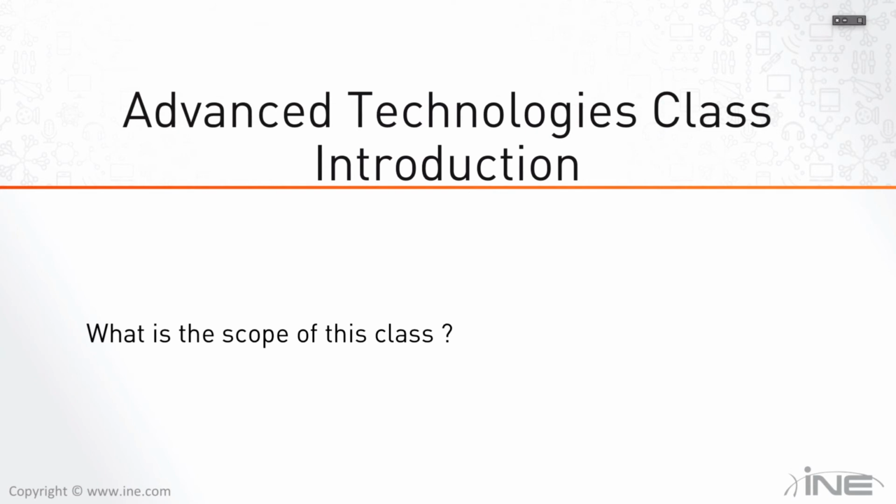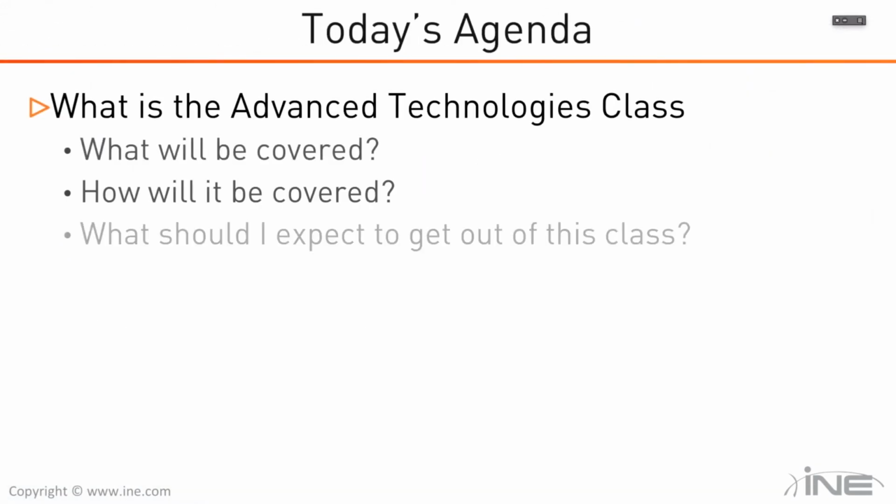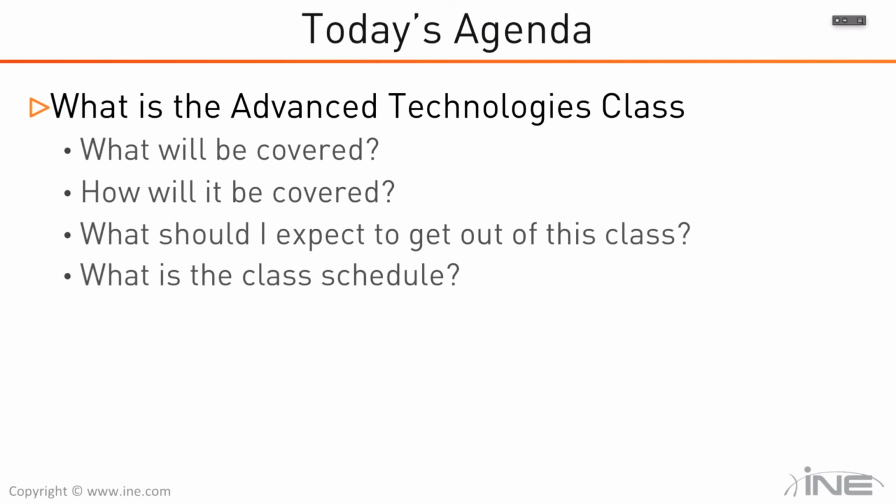Primarily today, we're going to be focusing on what the Advanced Technologies class is, especially for those of you who are new to INE in general. So we're going to discuss what will be covered in this class and how it will be covered, so you have a base understanding from the beginning of what to expect out of the class, and also what the schedule of the class is.